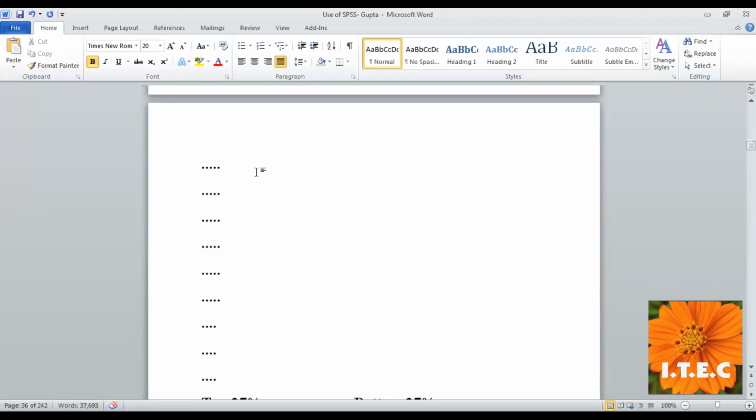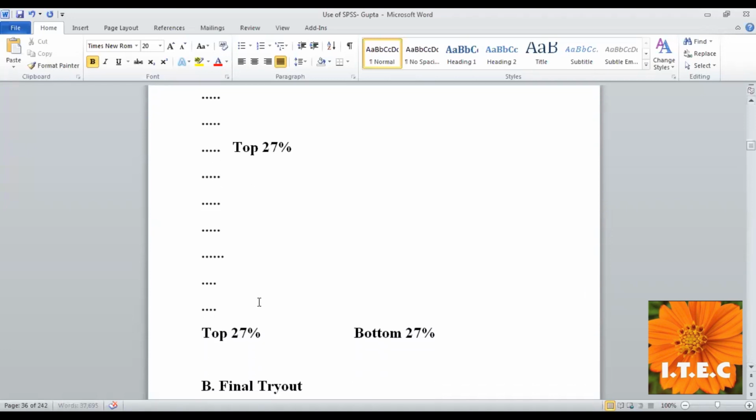This will be 108. So you calculate from top 1, 2, 3, and wherever it is 108, that will be your top 27%. And now you start counting from the bottom and go up till you get 108. So that will be the bottom 27%.